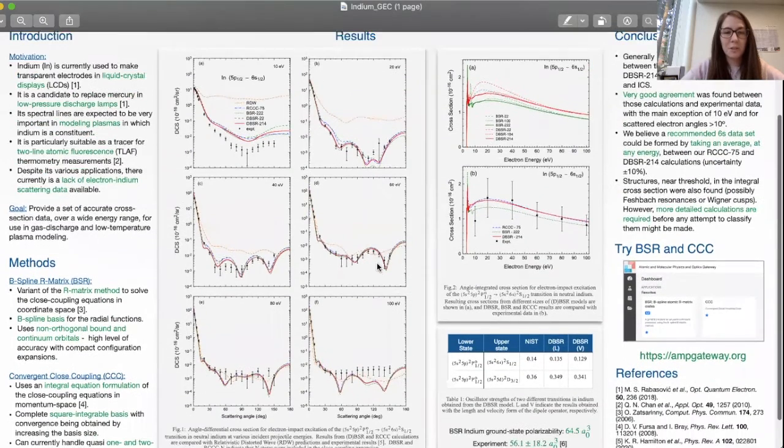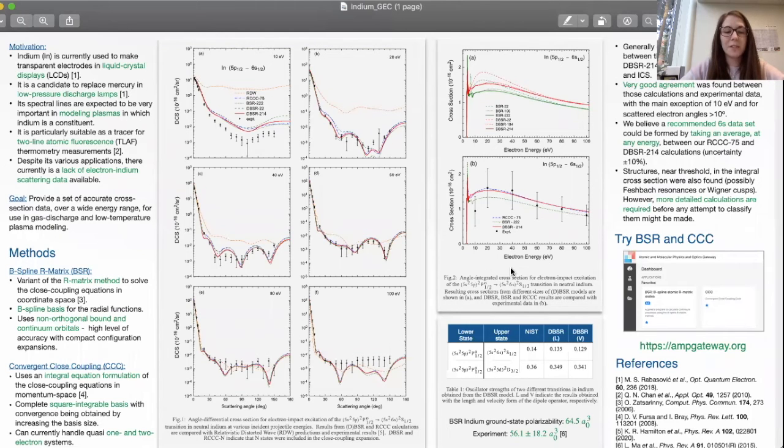Figure 1 shows the angle differential cross-section for electron impact excitation for 6 different incident projectile energies. The most striking feature on these graphs is the poor comparison between the relativistic distorted wave calculations and RCCC and DBSR and the experiment.